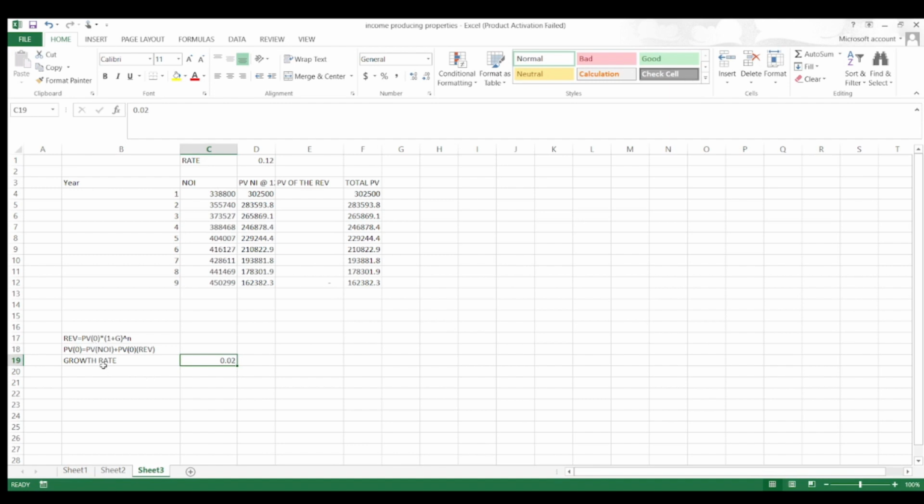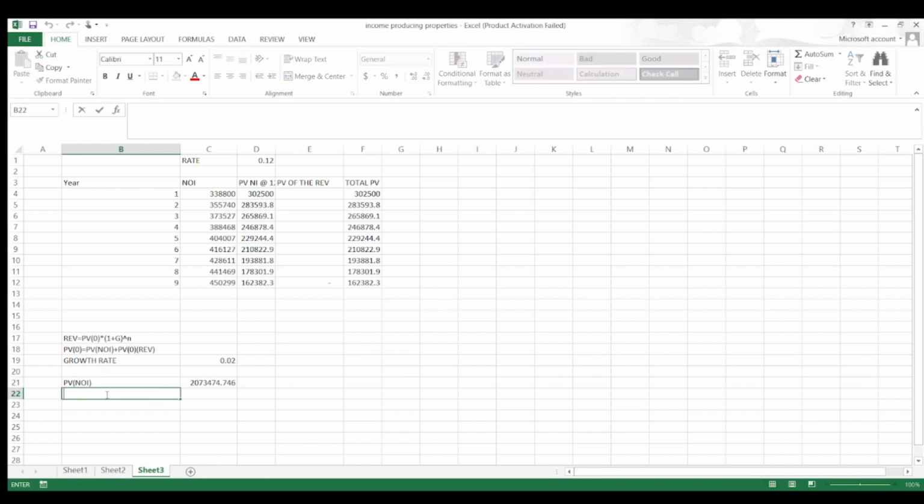So the way this works, we already have the present value of net operating income. This will be a sum of all the present values up to the 9th year.